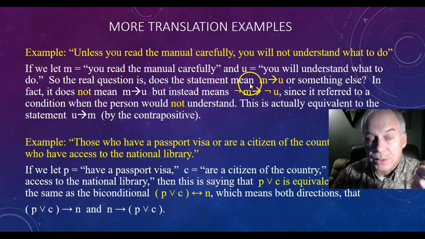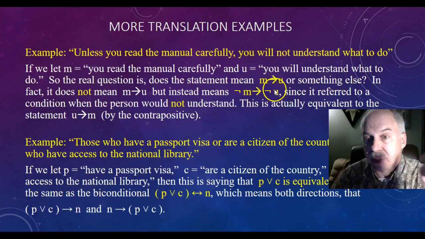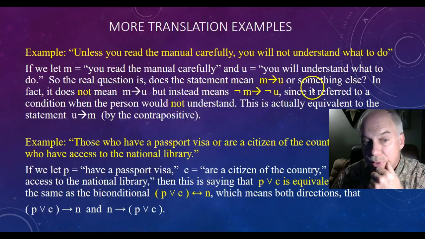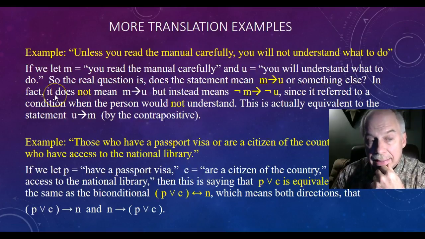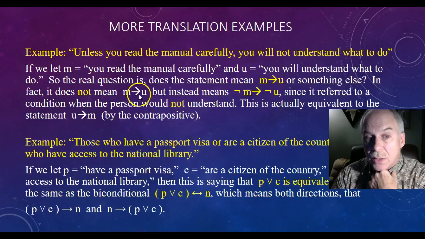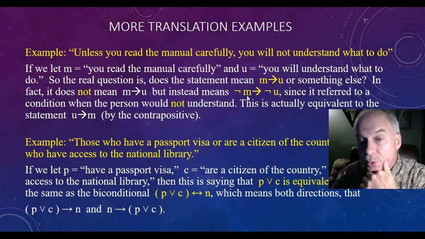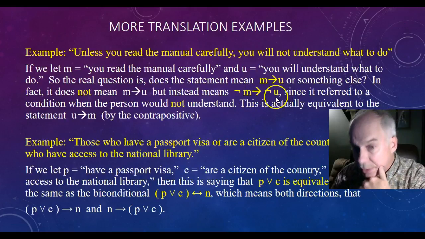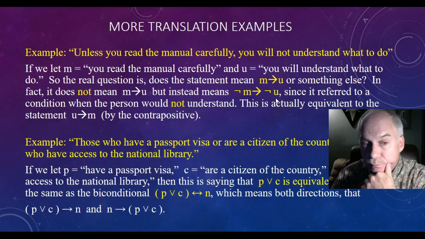What does unless you read the manual carefully, you will not understand what to do mean? It does not mean if you read the manual, then you will understand what to do, because there might be some other reason why you don't understand what to do. But it instead means if you don't read the manual, then you will not understand what to do.